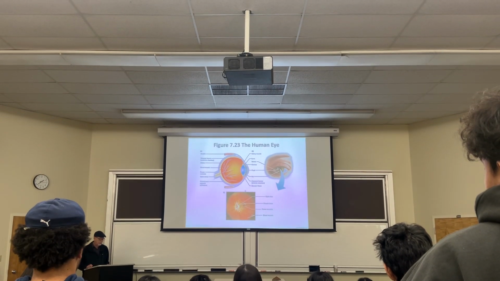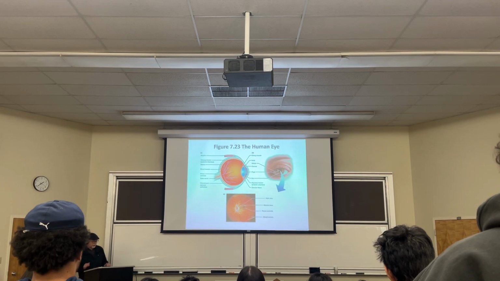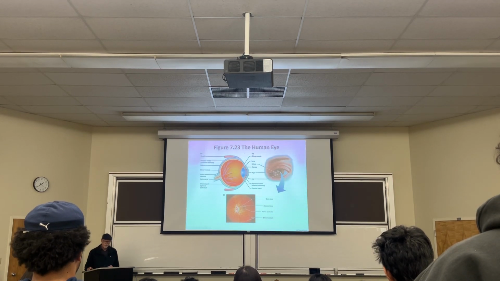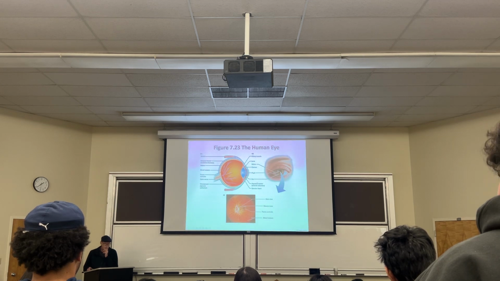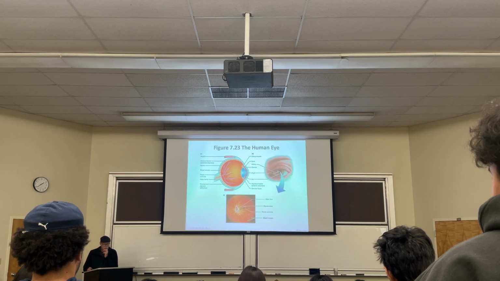Well, to understand vision transduction, we have to look a little bit at the anatomy of the eye. Here's our eye with our eyelids and eyelashes and all that. Here we see the front of the eye. The white part of the eye is called the sclera, and that comes all the way around the eyeball. But at the part right from here to here, the sclera becomes the transparent cornea.